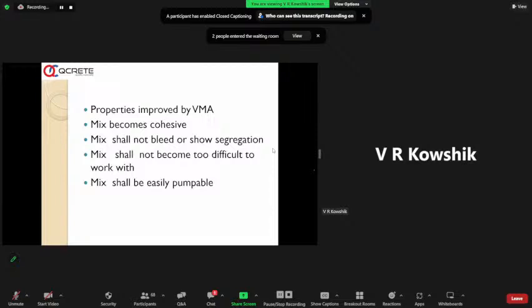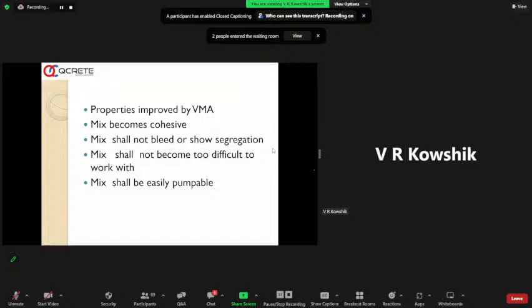Now, thanks to these modifications, using different additives and chemicals, they have been able to give a cohesive, non-sticky, non-bleed mix from the beginning, which is easily pumpable and which can be transported and placed for 2 hours, 3 hours, something like that.